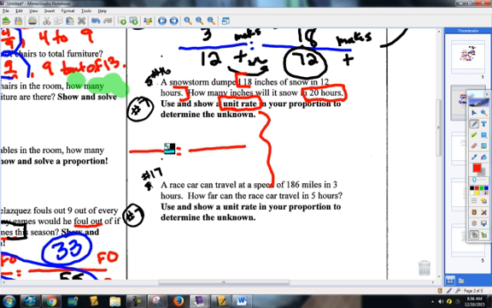So we have inches to hours, inches to hours. This is my fake ratio, inches in 12 hours. I need to figure out how many inches were dumped in 1 hour, so I'm dividing by 12. What do I get? 1.5 inches per hour.